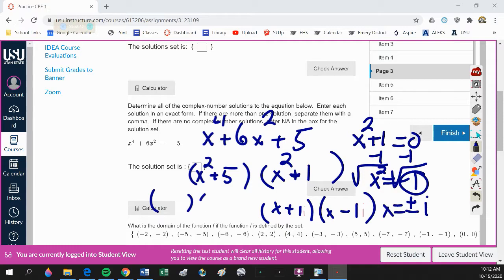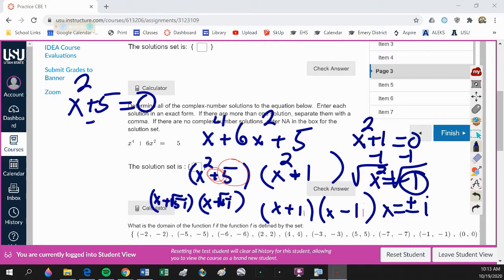How would you factor the next one? Well, it would be x plus, x minus, and because this is positive, I know there are i's in there. And then what times itself is 5? The square root of 5. Or, if you prefer the other way, just subtract 5. x squared equals negative 5.